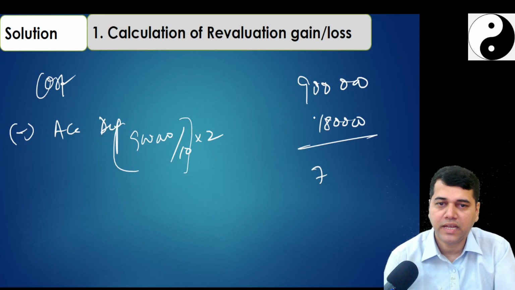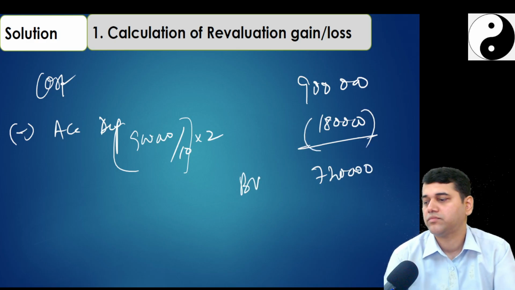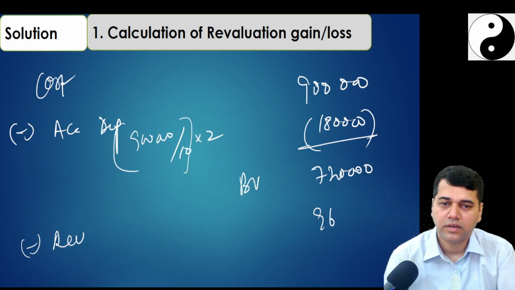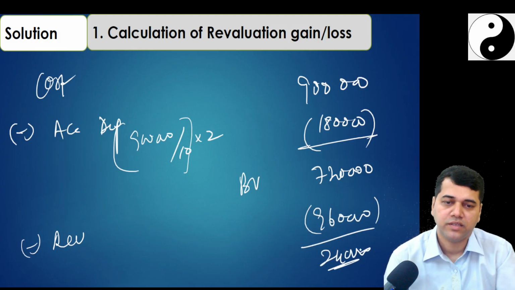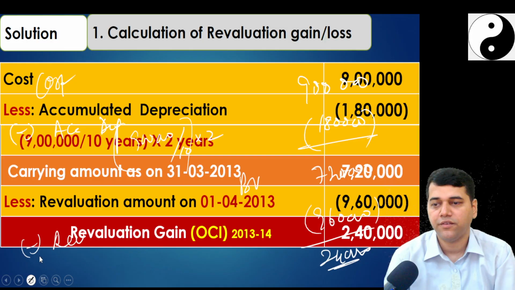So 7,20,000 becomes your book value. What is your revaluation? 9,60,000. So you have got 2,40,000 revaluation surplus, which you transfer to OCI.